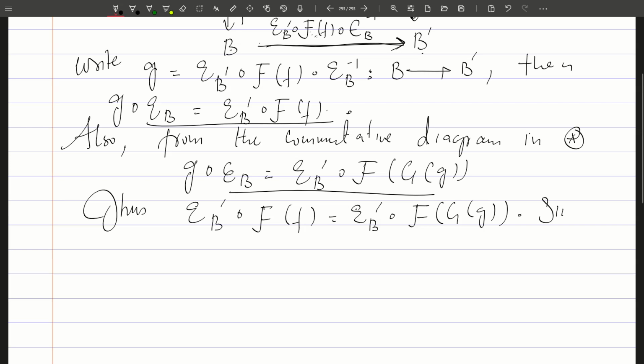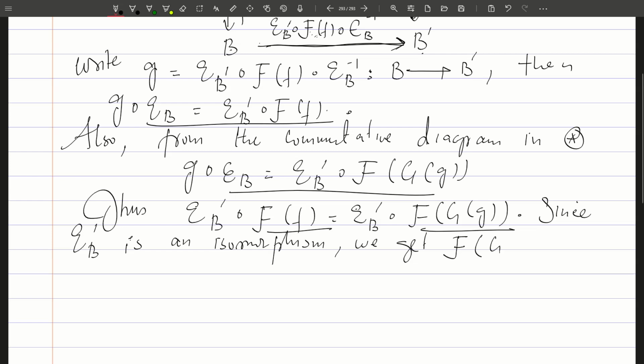So we get F of f is the same as F of G of g.